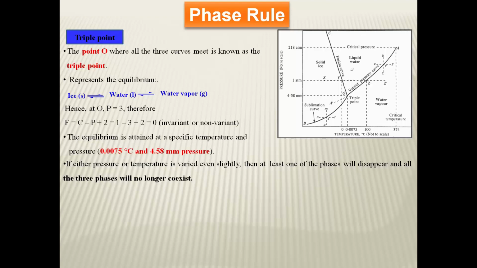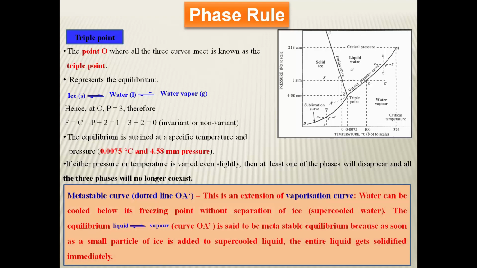If I say triple point, it is understood that it corresponds to 0.0075 degrees centigrade and 4.58 mm of mercury. If either pressure or temperature is varied even slightly away from these conditions, then at least one of the phases will disappear and all the three phases will no longer coexist. This is what we mean by an invariant system.